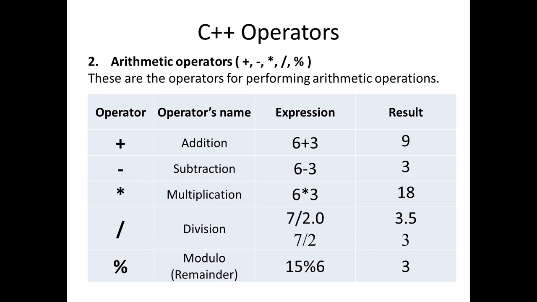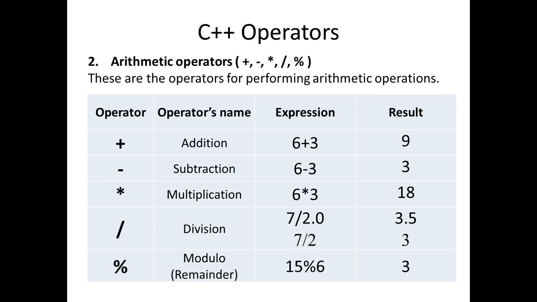So when we have 7 divided by 2.0, we get 3.5, which is the actual result. Many times you may have to do integer division, depending on the problem you want to solve. The last among them is the modulus division, which is the percentage sign. What does it give us? It returns just the remainder after a division. So if we do 15 modulus 6, that should give us 2 remainder 3.